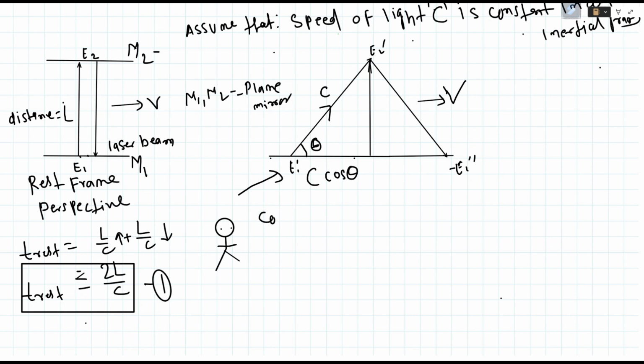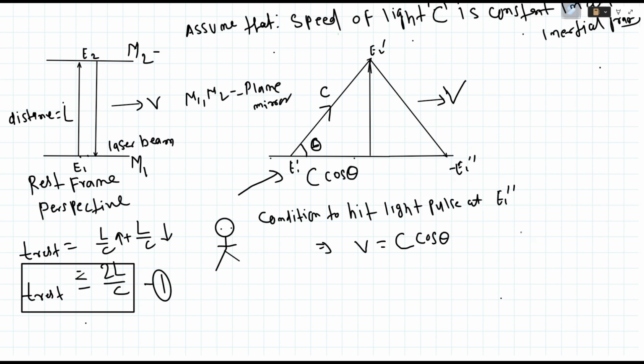The condition to hit the light pulse at E1 double prime is that your horizontal velocity V should be equal to c cos theta.